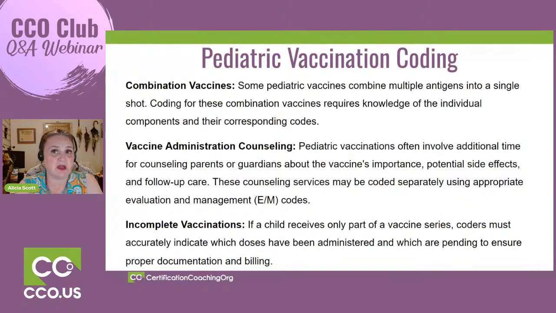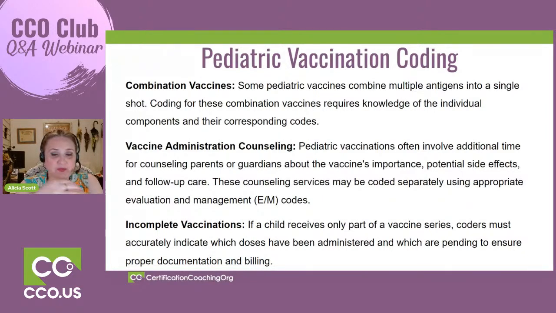I had 2 children out of the 6 that had health issues that prevented them from getting a lot of series of their vaccinations. And again, you don't give vaccinations when a child is sick. They have a fever and stuff. So that can delay vaccinations.